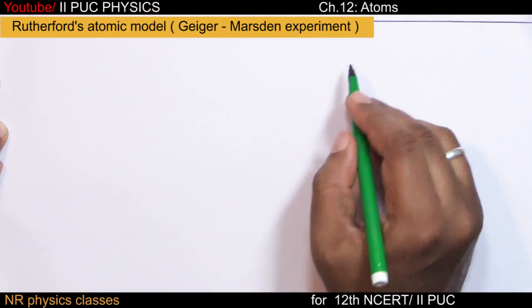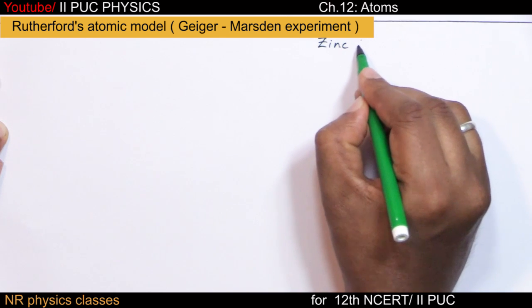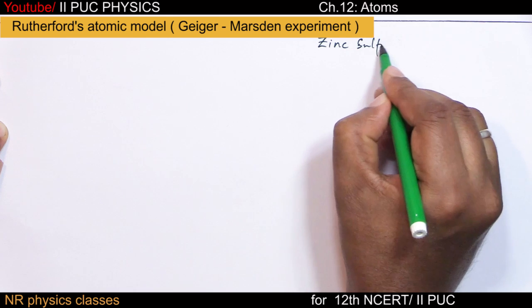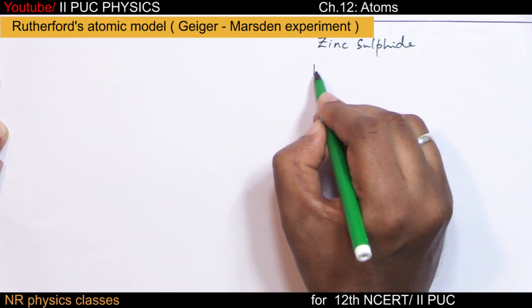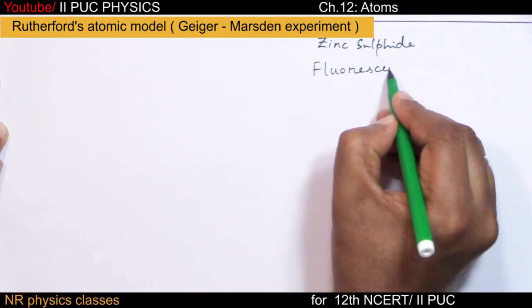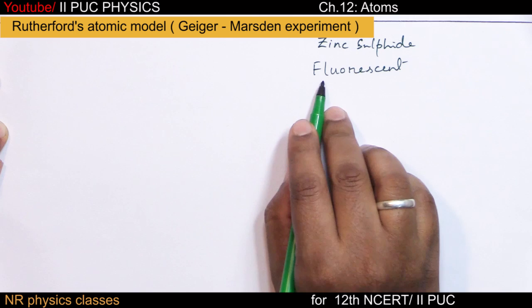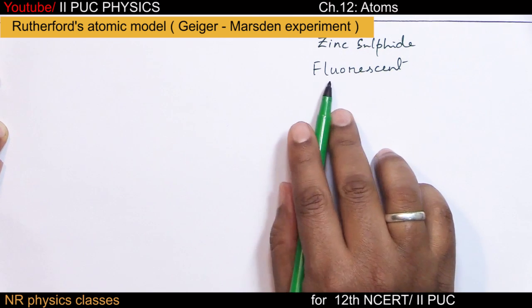To detect alpha particles, zinc sulfide is used. Zinc sulfide is a fluorescent material. What are fluorescent and fluorescence?